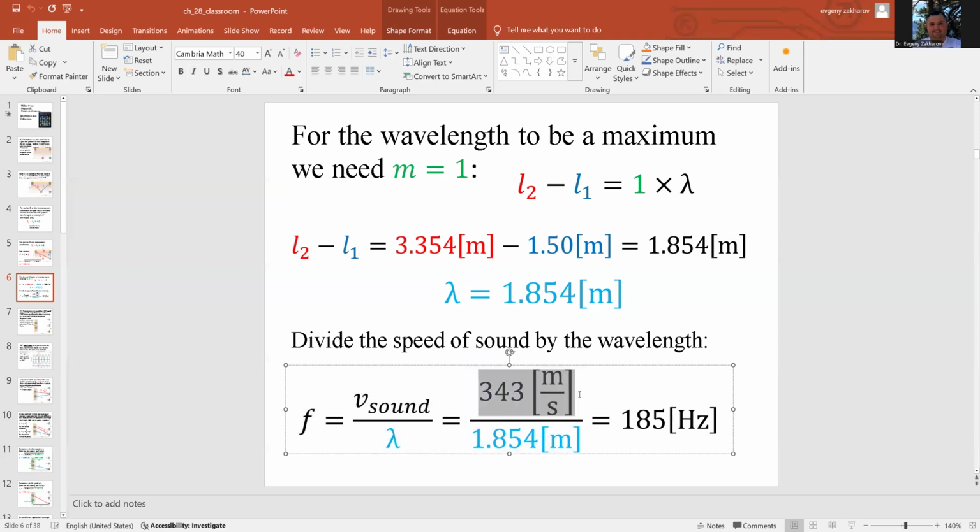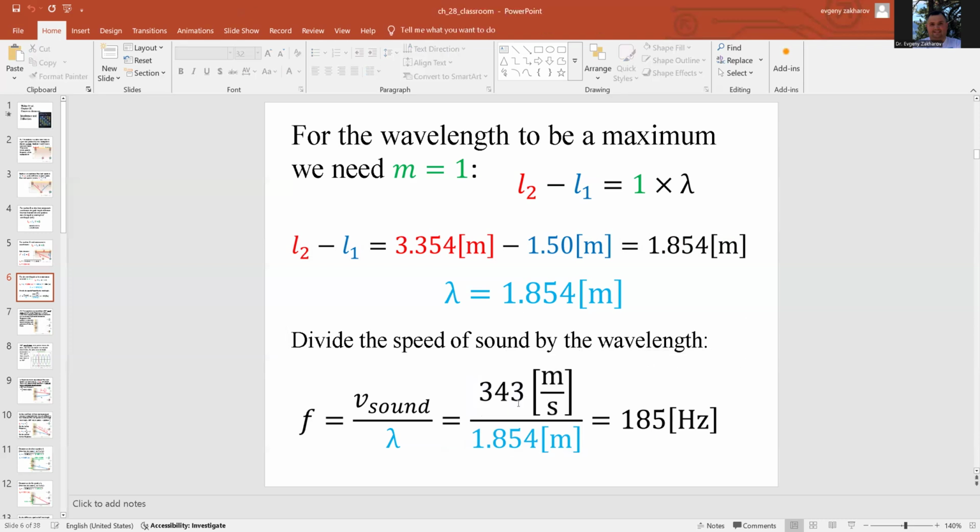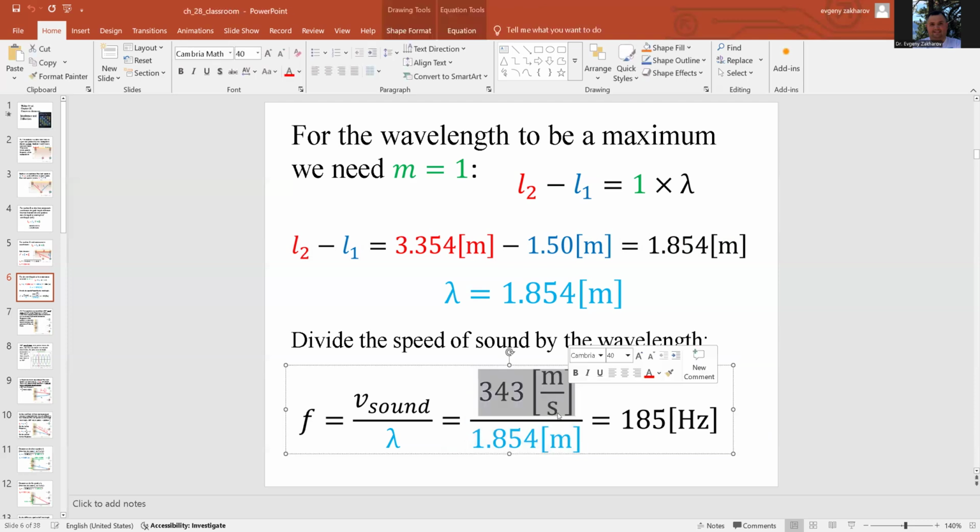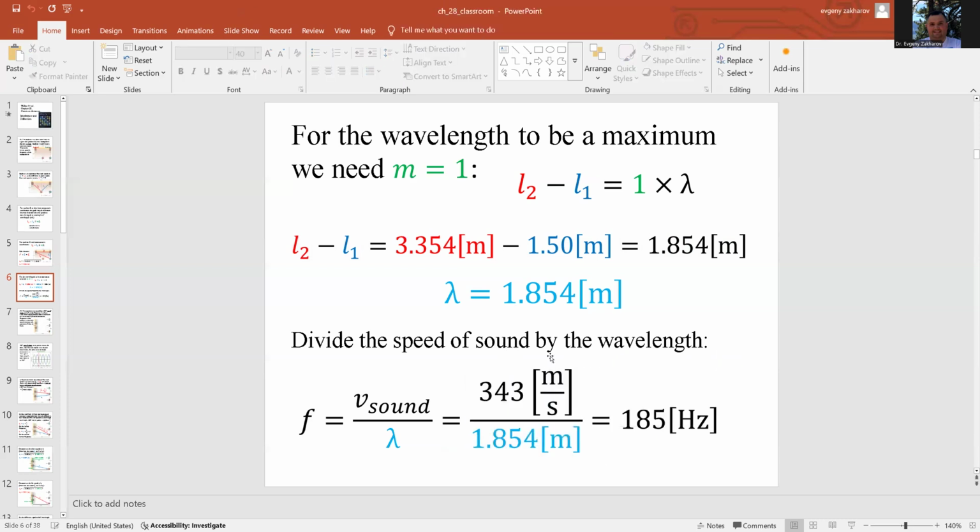And if it's the sound, it's 343 meters per second. It was not given specifically, but every time we're talking about the speed of sound, it's the default number. It's like the default number for the speed of light when it's 3 times 10 to the power of 8 meters per second. And the lambda is what we just found from the difference between the path lengths.